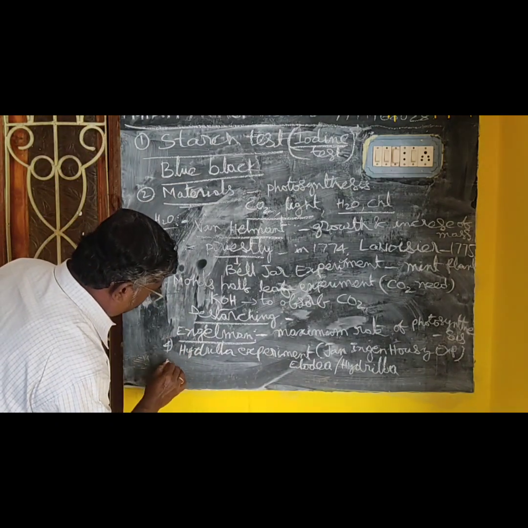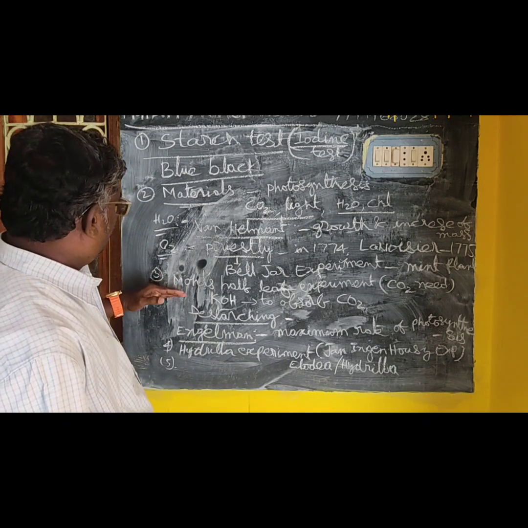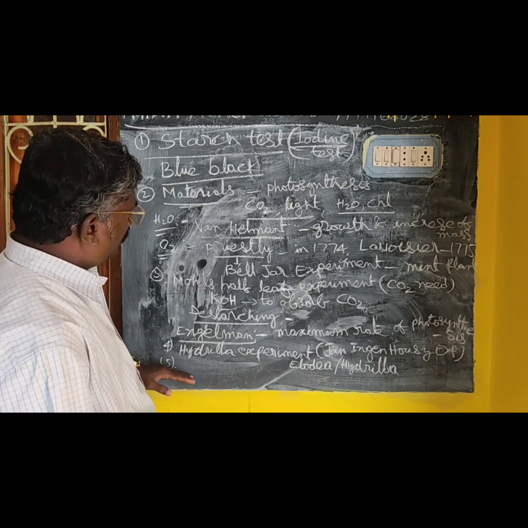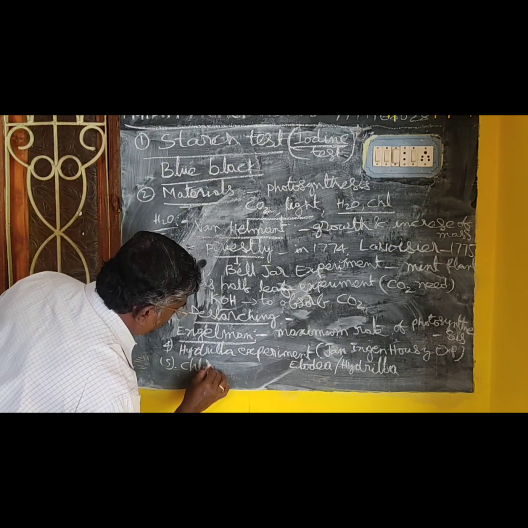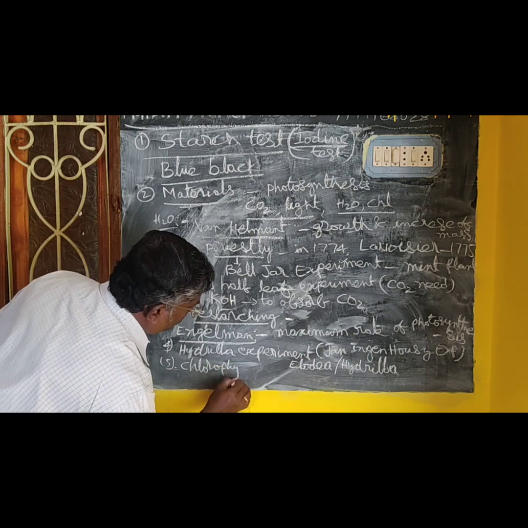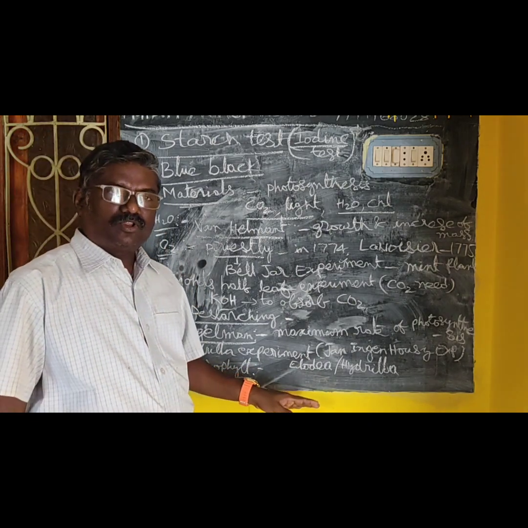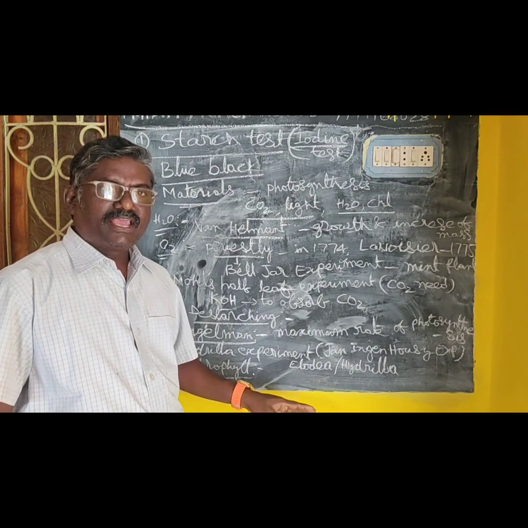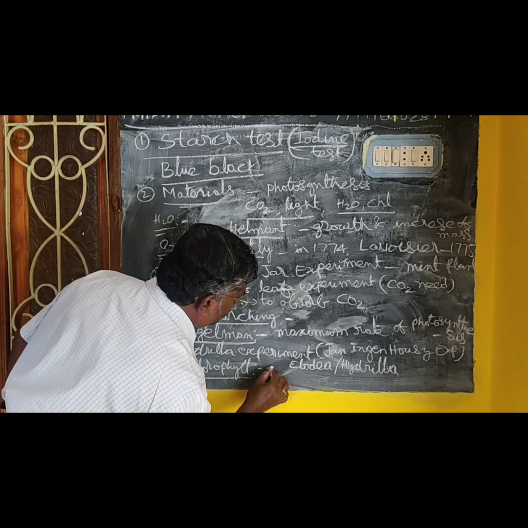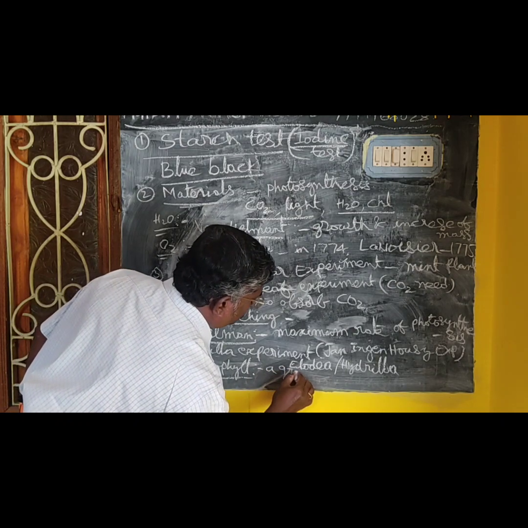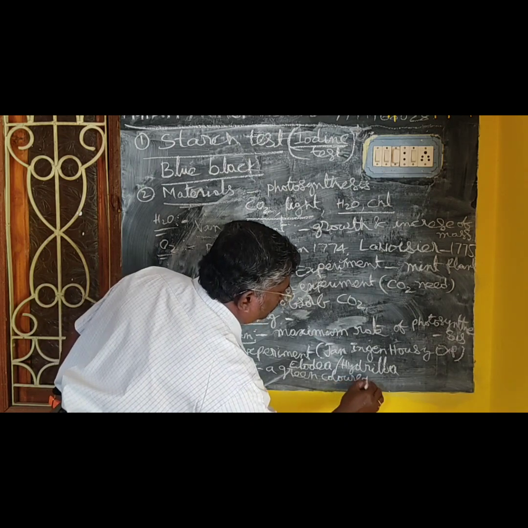So the fifth one, carbon dioxide and chlorophyll. Chlorophyll is a green colored pigment.